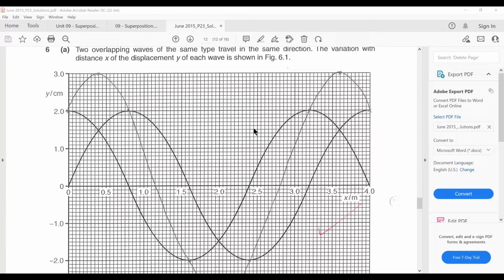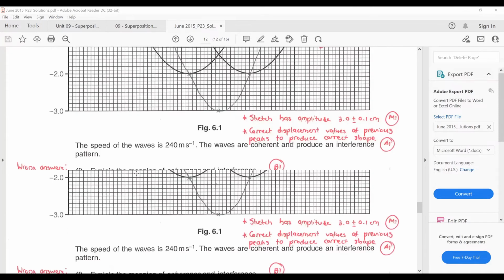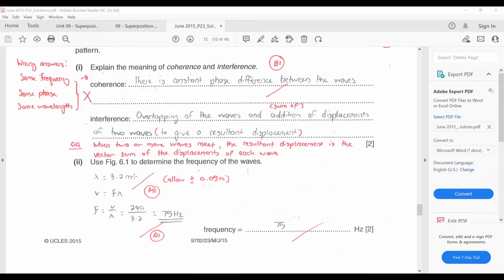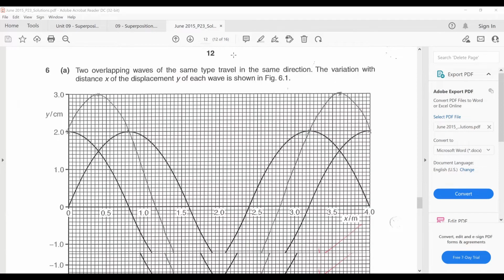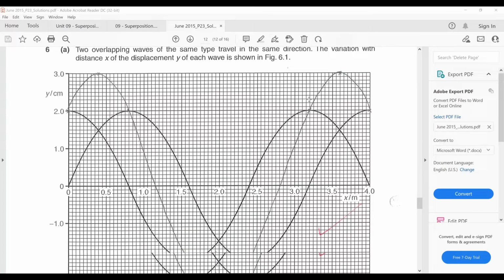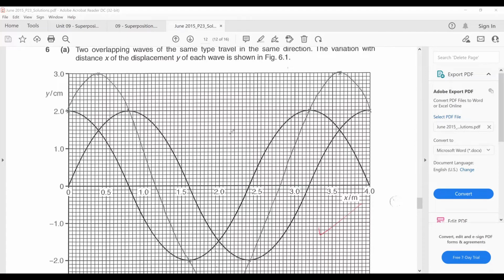You can easily see that their wavelength is going to be 3.2. Okay, let's just say I use this wave, I can clearly see that this one is 3.2 meter. This one is 3, so this is 3.1. This is 3.2.